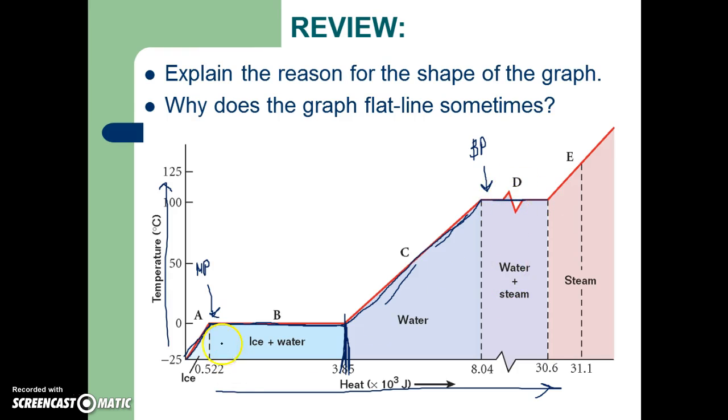There's a mixture of the two, just like here, where there's a mixture of ice and water, until it reaches the amount of energy that pushes it overboard, and then all that's left is steam. It's completely changed into the gas phase here. At A, it's completely solid. At B, it's solid and liquid. At C, it's liquid. At D, it's liquid and gas. And at E, it's gas.